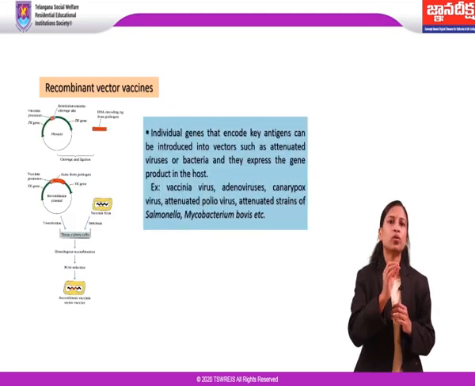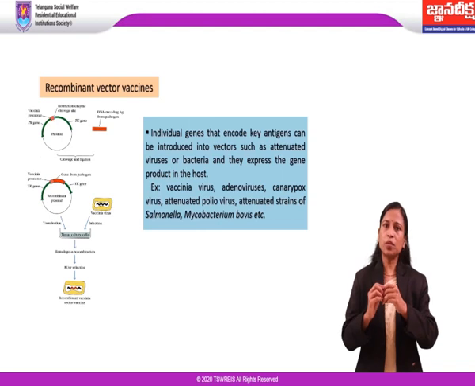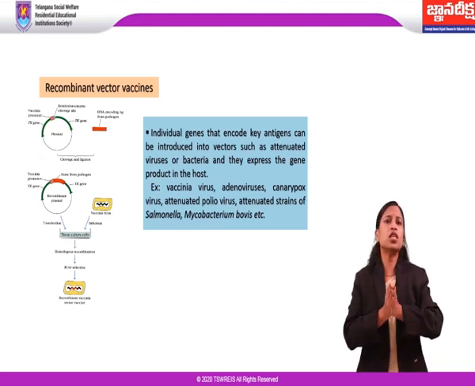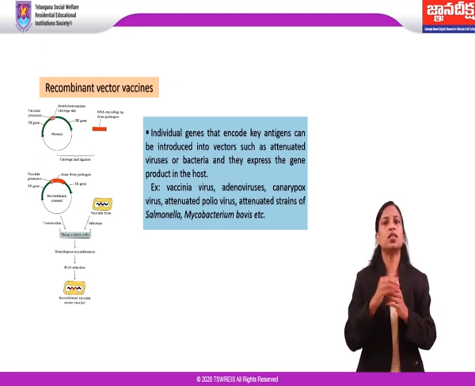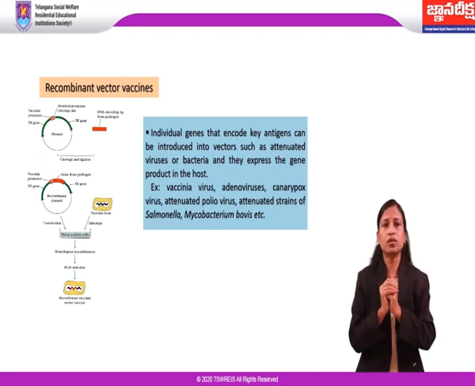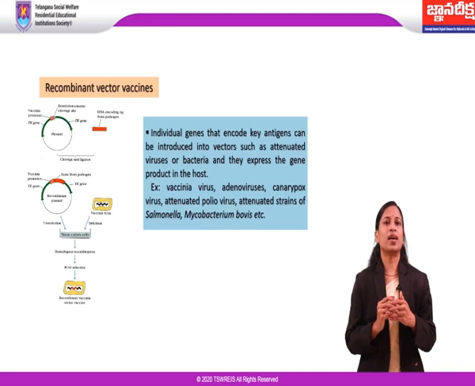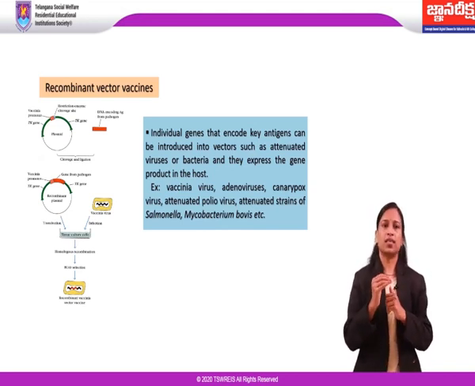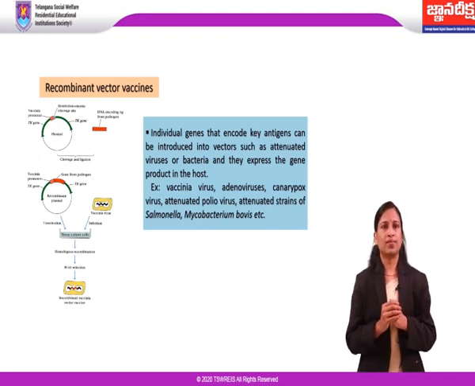Individual genes that encode key antigens can be introduced into vectors such as attenuated viruses or bacteria, and they express the gene product in the host. Since most of the genome of the pathogen is missing in these vector vaccines, it cannot revert back to the original pathogenic forms. A number of organisms have been used as vector vaccine preparations, such as vaccinia virus, adenoviruses, etc.